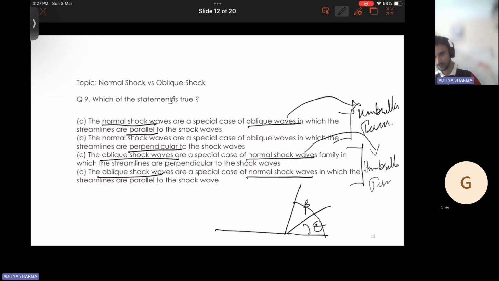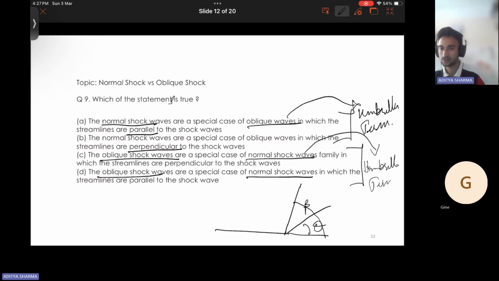And a value of theta comes when the beta becomes 90 degrees. When the beta becomes 90 degrees, in that case, we have this normal shock wave condition, right? So normal shock wave is a special case of oblique shock waves, where the shock wave is perpendicular to the streamline, right?